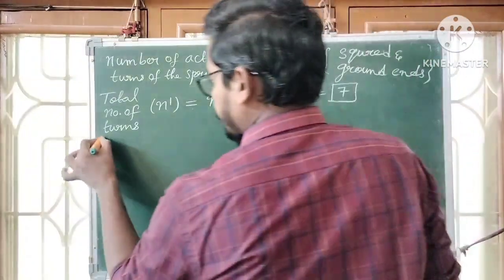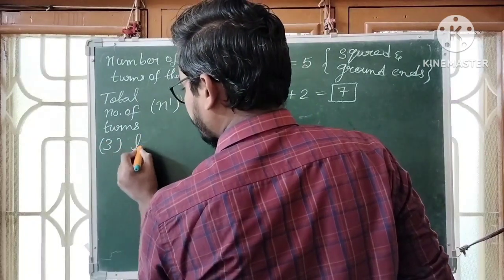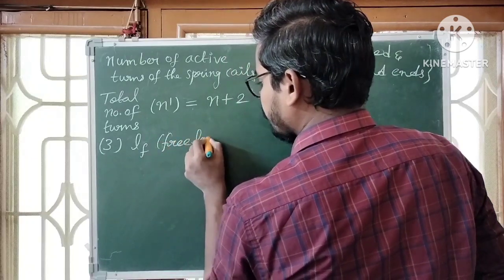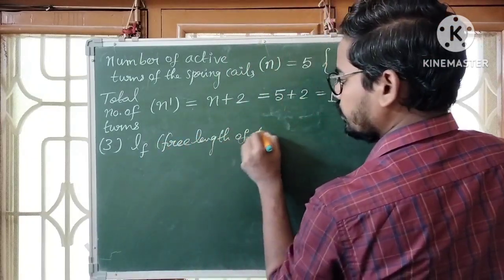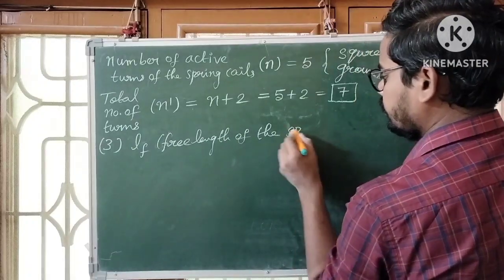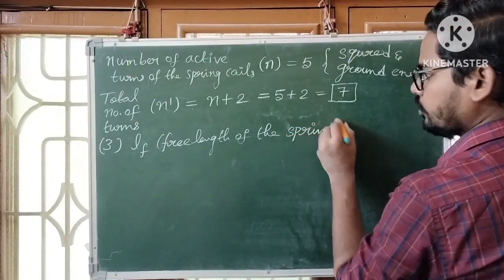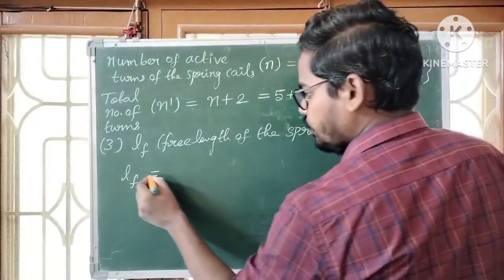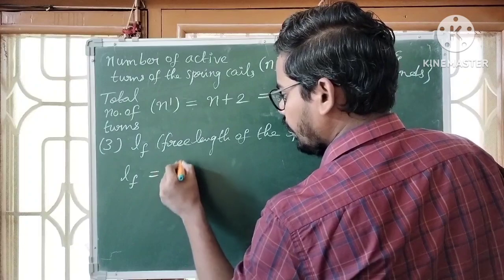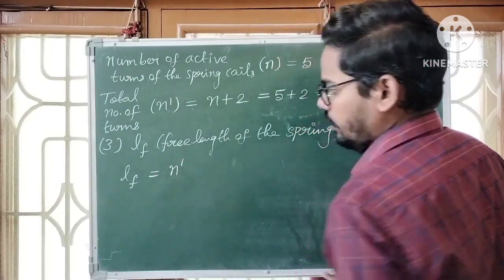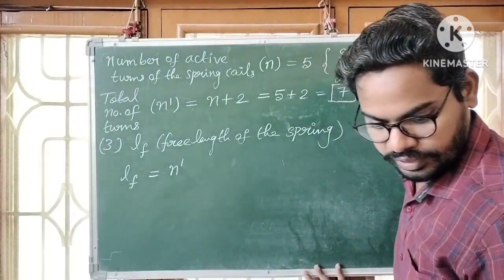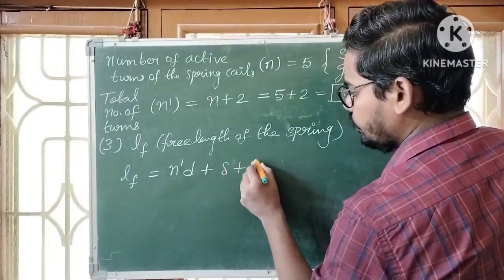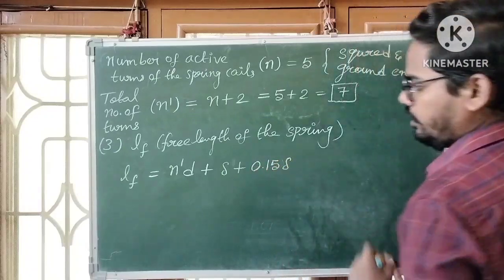Next, the third parameter, the free length of the spring. LF means free length. The formula for free length is LF equals n dash d plus delta plus 0.15 delta.